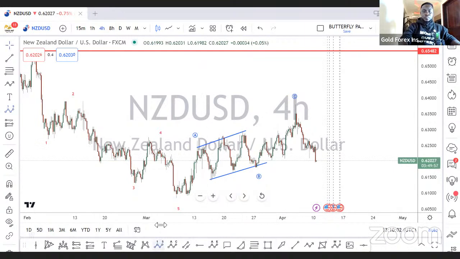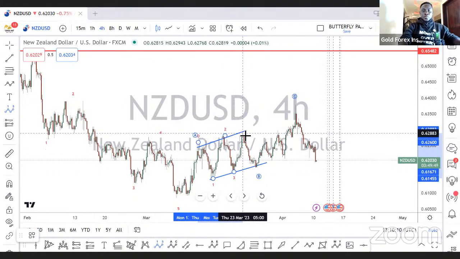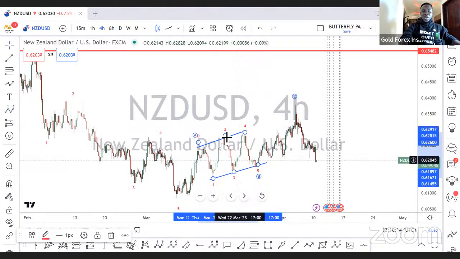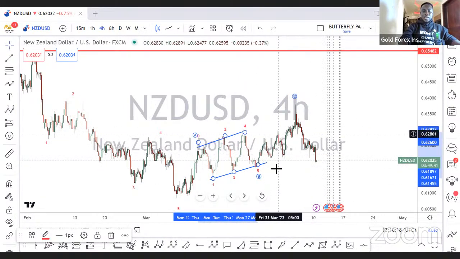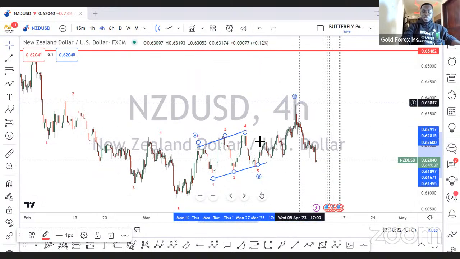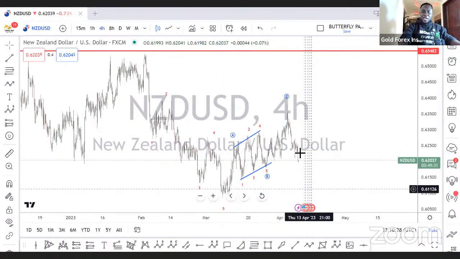So we have 1, 2, 3, 4, 5. So this is a triangle forming the B of the alternation. So then after that it becomes A, B, C. This is the full correction for this impulsive move. So we are going for another impulsive move like this.